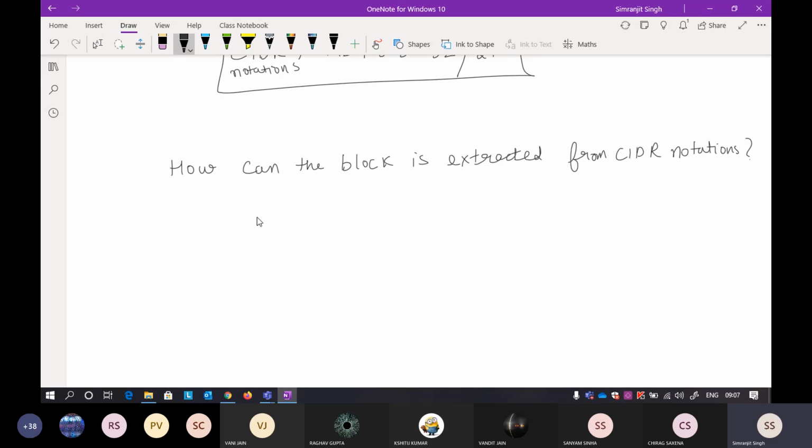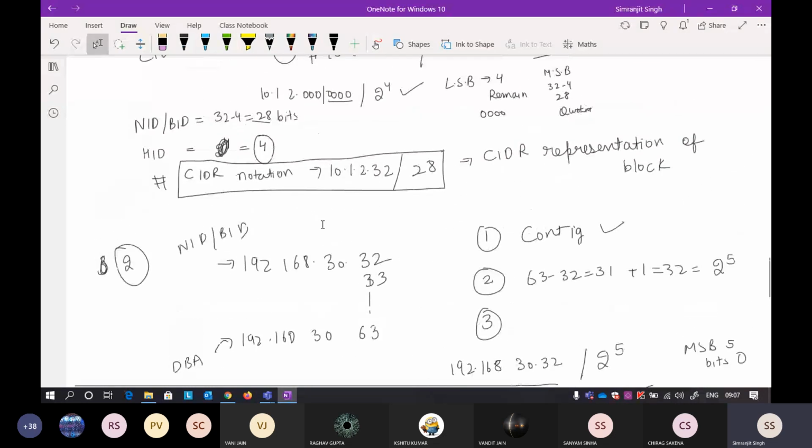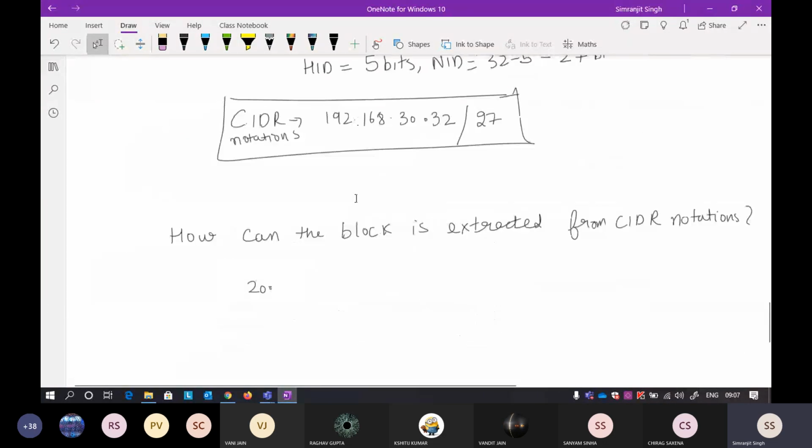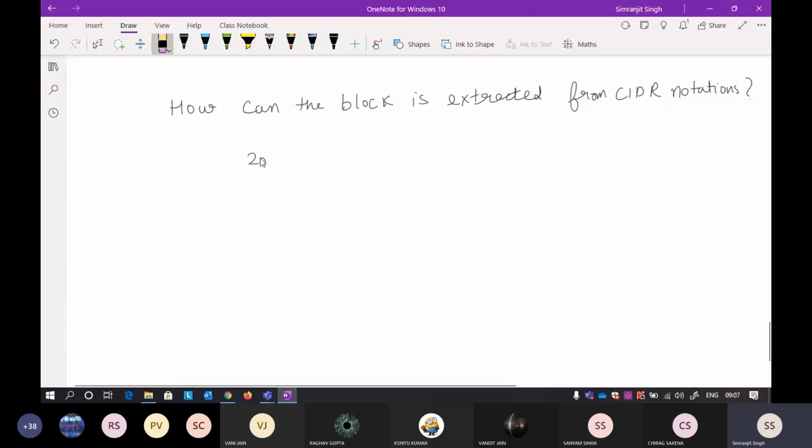You are only given this notation, and from it you have to extract the whole CIDR block. Now how can you do it?